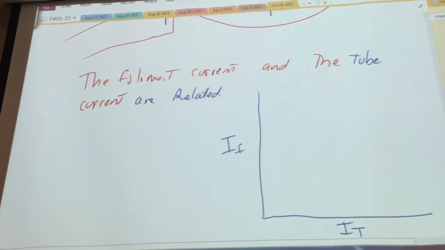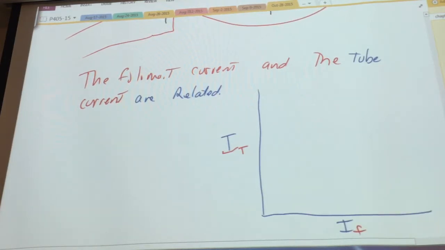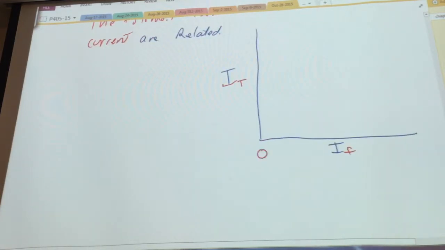So I'm going to draw a graph with two axes, IF, filament current, and IT. Actually, I want to switch the order of those. We're going to put the tube current here and the filament current here. This is going to be 0, and this is going to be something like 5 amps.